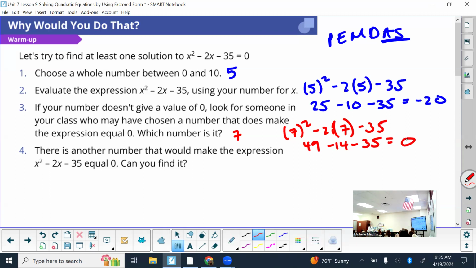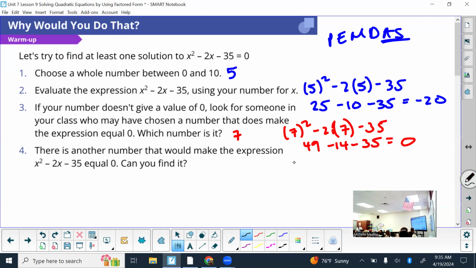Number 4 says that there's another number that would make the expression true. So also when you plug it in, it'll equal 0. Can you find it? Does anyone know what that other number is? Correct. 9. We have 9. Well, then we could try 9.